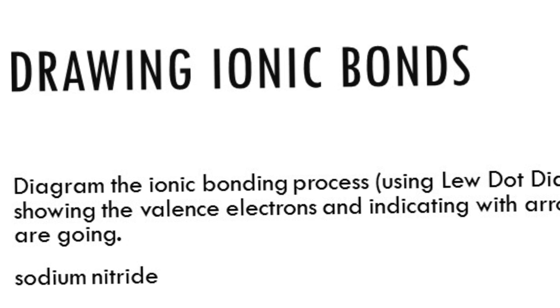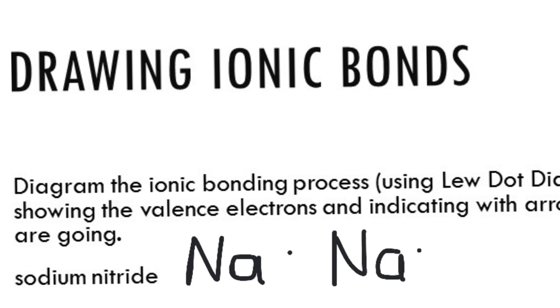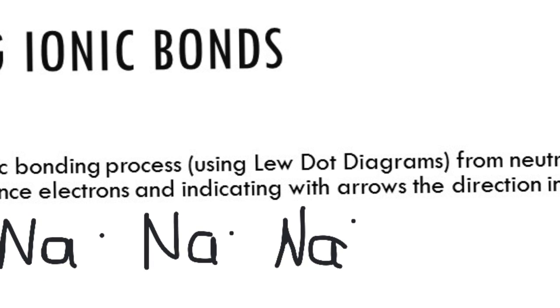Okay, so we'll start here with sodium nitride. So sodium nitride is Na3N. So we have 3 Nas, and your sodiums, your Nas, all have 1 valence electron, while your nitrogen, or your N, has 5 valence electrons.